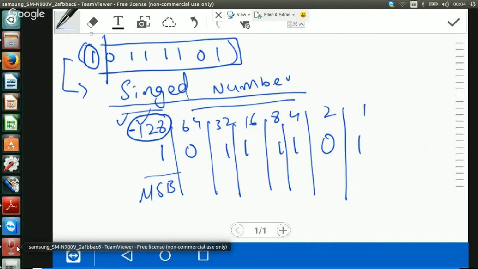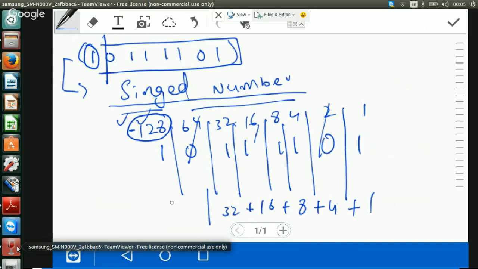Okay, so now let's convert the whole thing. This is 0. This is 32 plus 16 plus 8 plus 4 and plus 1, and definitely we have this number here as well, that is minus 128.